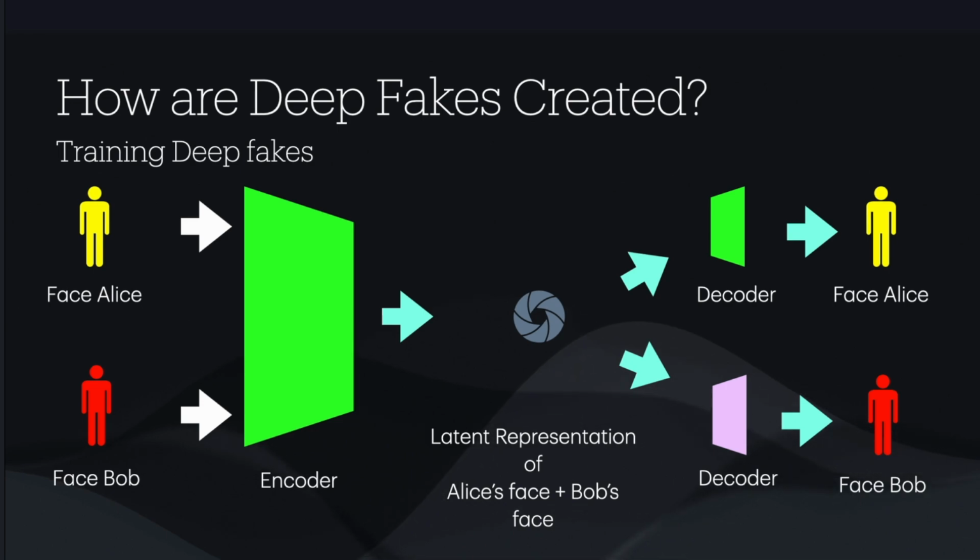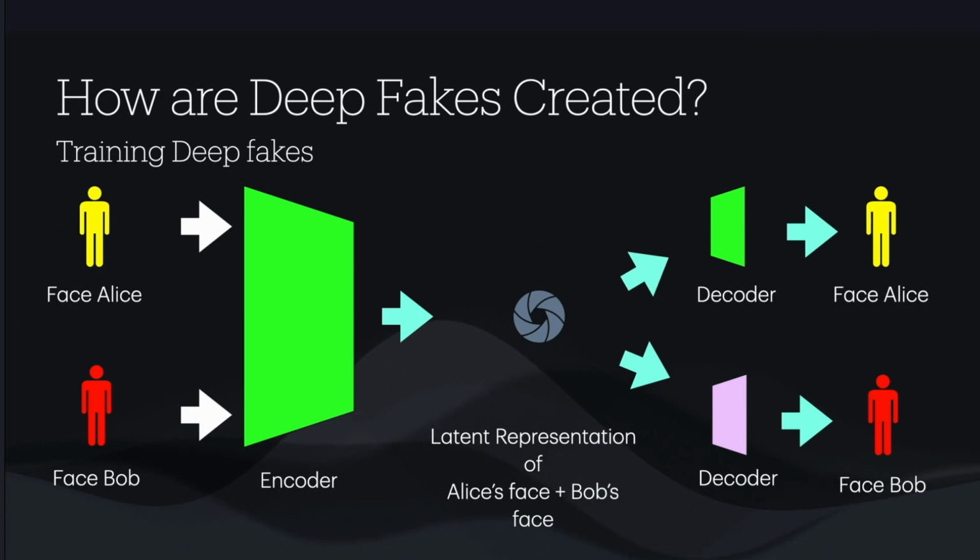So we use a single encoder to capture the latent representation state for both Alice and Bob. After this, we train two decoders where each decoder is able to take the latent representation and recreate Alice's face, and the second decoder is able to recreate Bob's face.